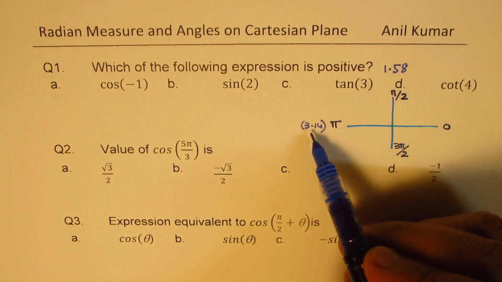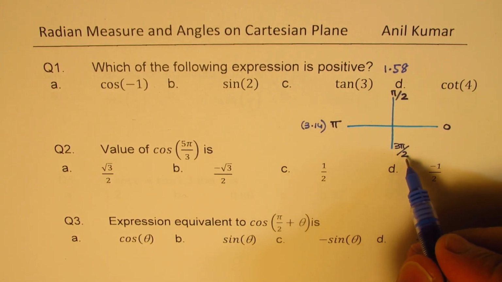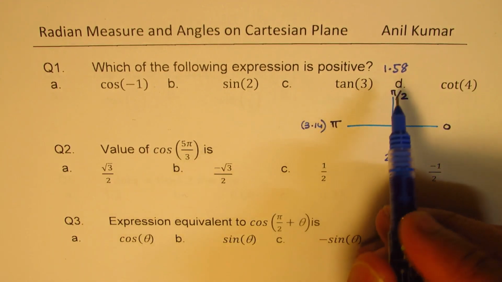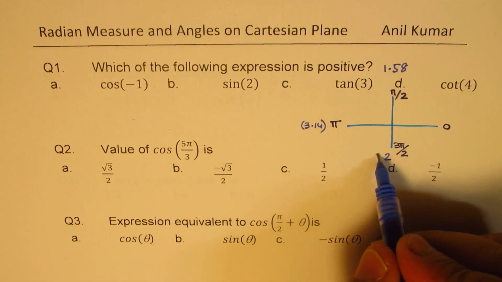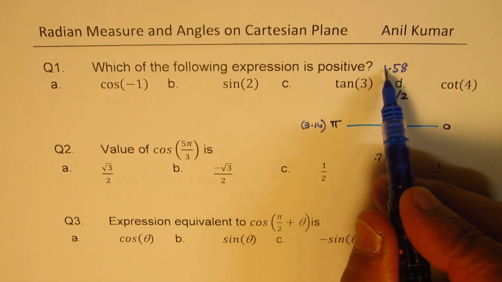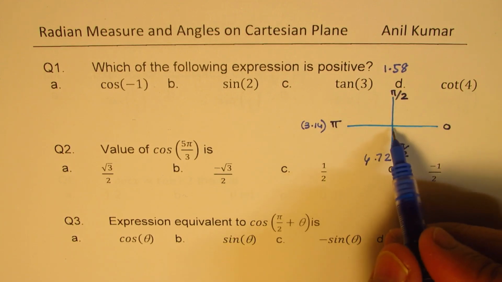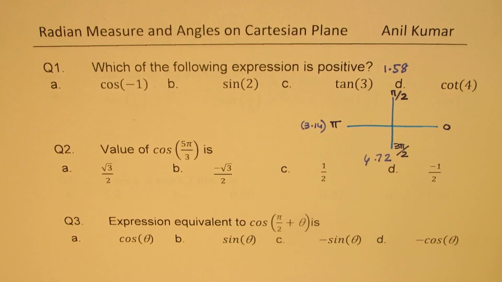Now if I add these two, we get 3 pi by 2. So around 4.72 is 3 pi by 2.